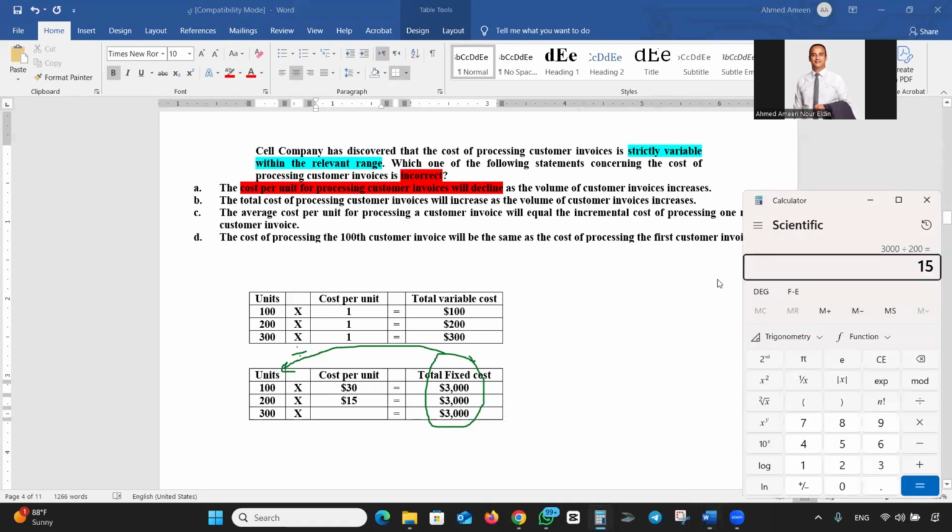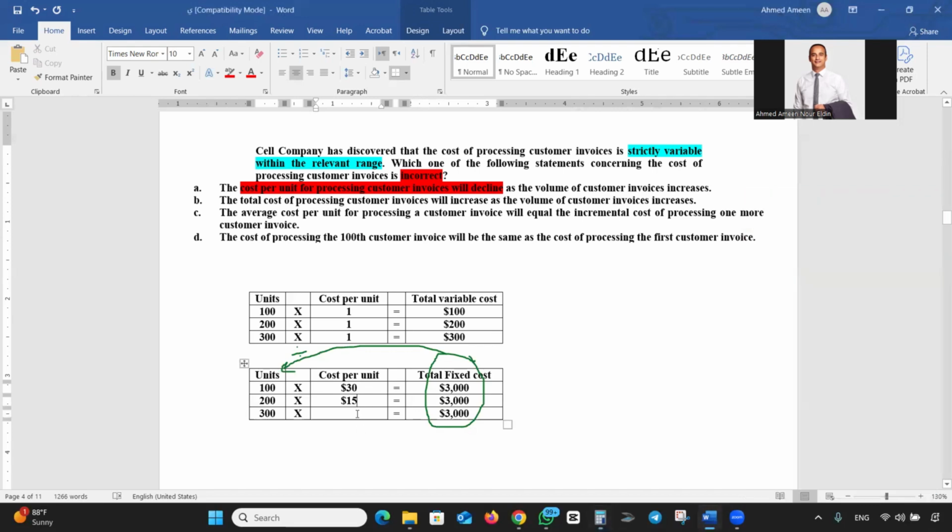And 3,000 divided by 300 units equals $10. You can now see that the cost per unit declines from $30 per unit to 15 and then to 10.